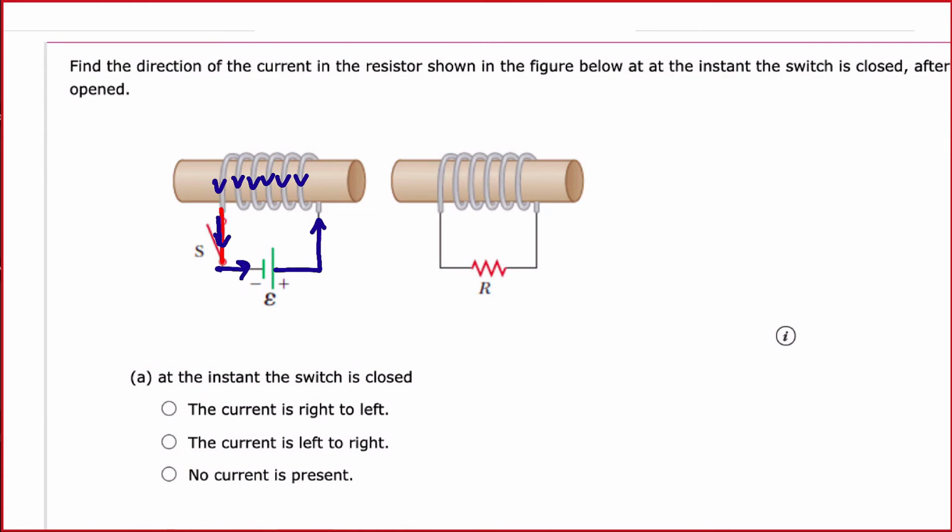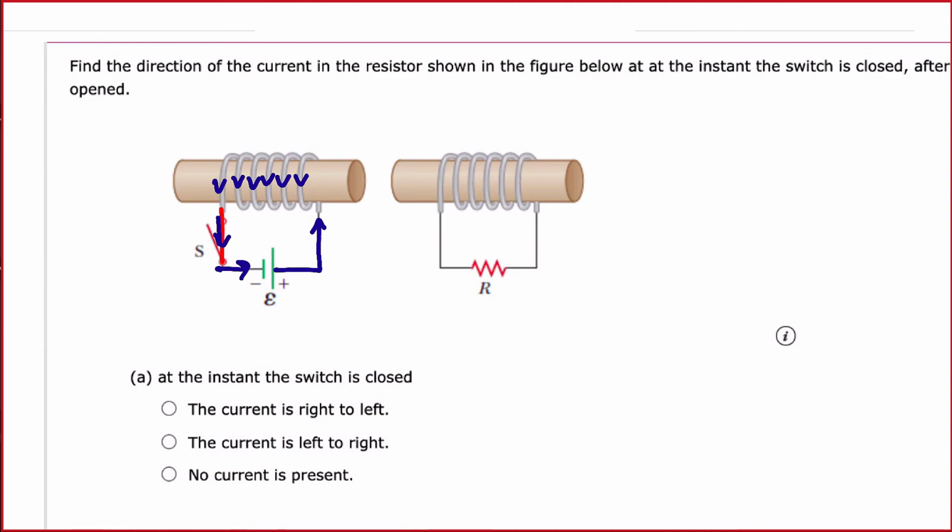Any questions so far? I hope this one is clear. It's very important to remember that the current flow should be conventional current, which means it flows from positive towards the negative.